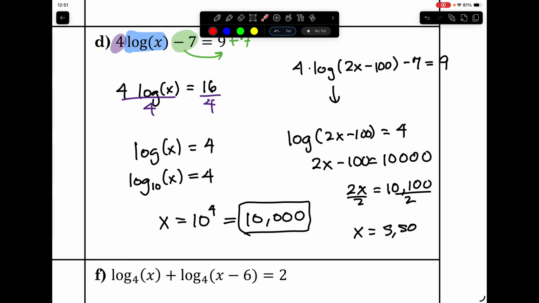From here, I need this to be a number greater than 0, and 10,000 is bigger than 0. Here, I would need this value to be bigger than or equal to 50, because getting the domain of that would be 2x minus 10 greater than 0, means that x would have to be greater than 50. And obviously, this number is a number bigger than 50. So we're good on that.